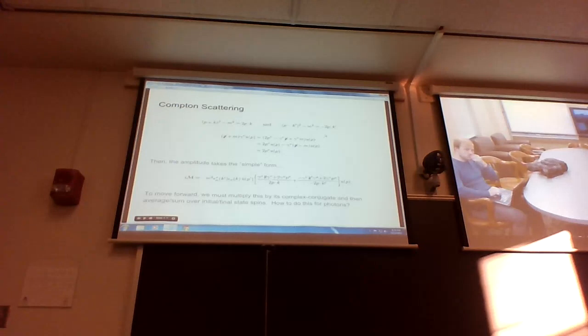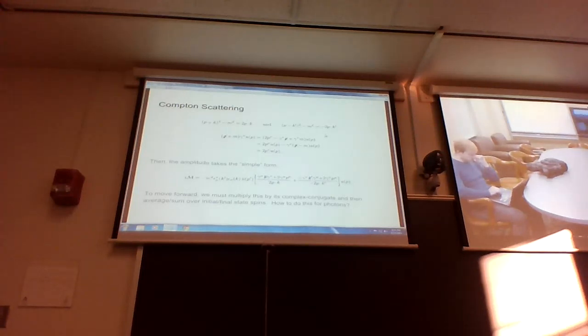Okay. So the next step is to compute the matrix element squared. Right? So we need to take the complex conjugate of this, which is not hard. But when we compute the matrix element squared, we want to sum or average over the spins. So we average over the initial spins and sum over the final state spins.